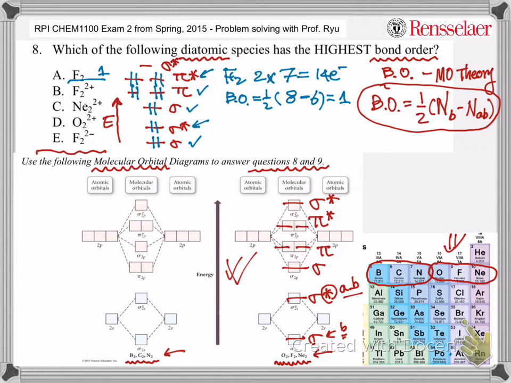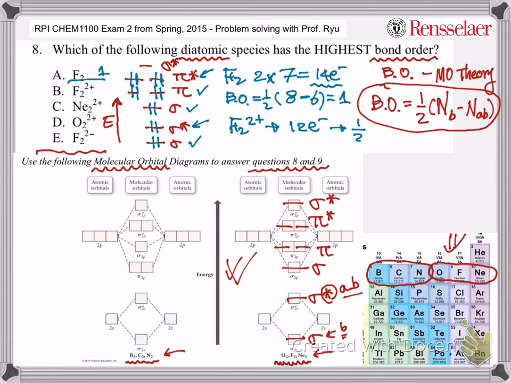What about if you have F2 2 plus? This means how many electrons? You will have 14 electrons for the neutral case, and the 2 positive charge means 2 fewer electrons, so you have 12 electrons. So 12 electrons means, if you're looking at the diagram, the last 2 electrons are not being filled up.